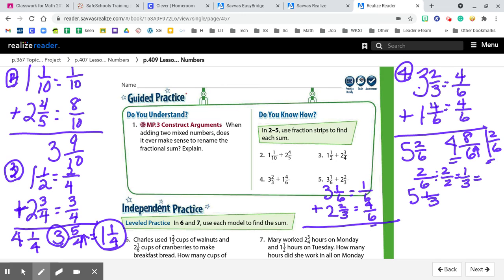Add 1 6 and 4 6, I get 5 6s. Add 3 and 2, I get 5 and 5 6s. So there we go on that one. And there we have it. Adding fractions, mixed numbers. Don't forget to add in your whole numbers. Most common error.